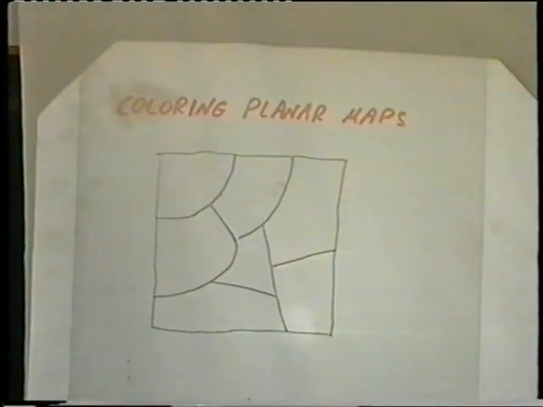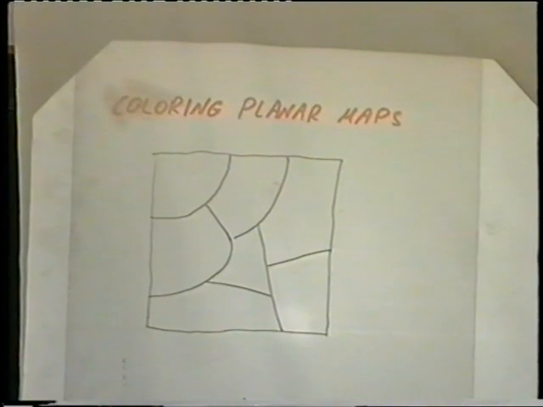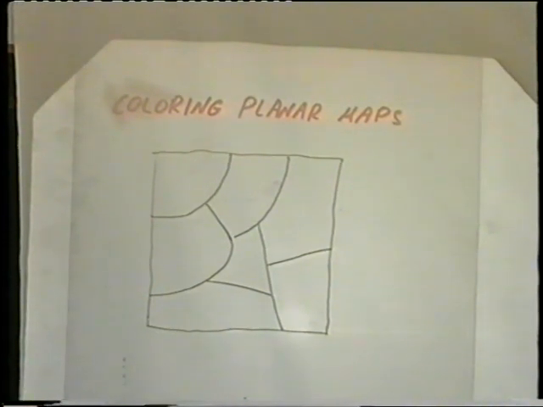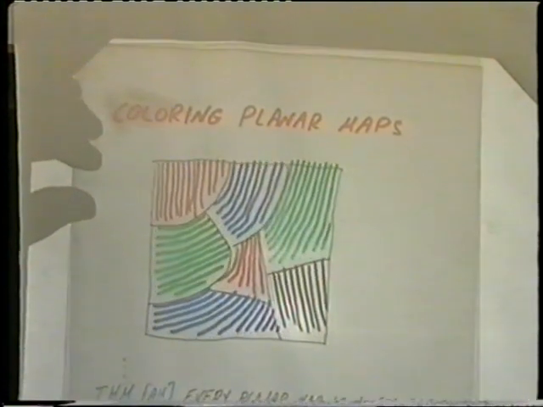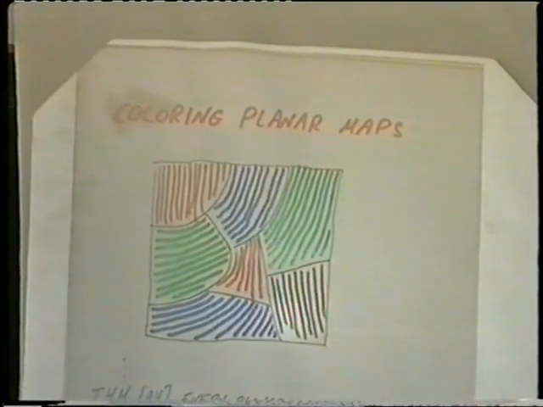Here is a planar map, like we know in geography books, and we want to color the countries in such a way that no adjacent pair of countries get the same color. Here's a coloring of it in 4 colors. But this doesn't shock you, because you know that every planar map has a 4 coloring. So as a function of the map, it's not really interesting.